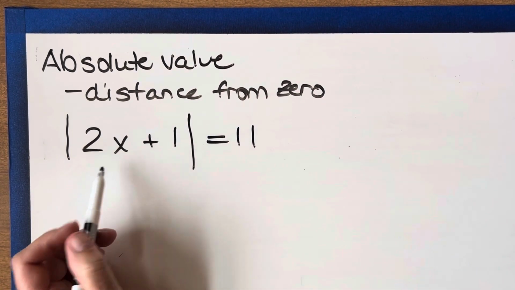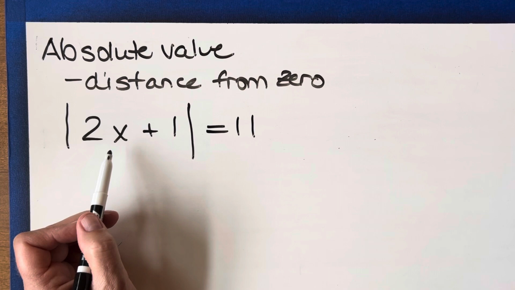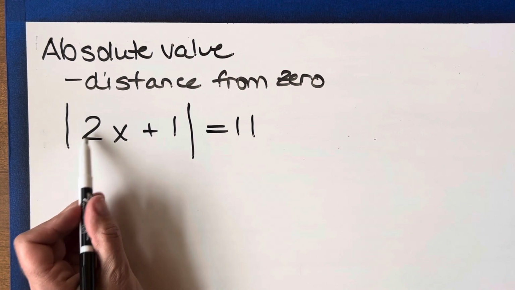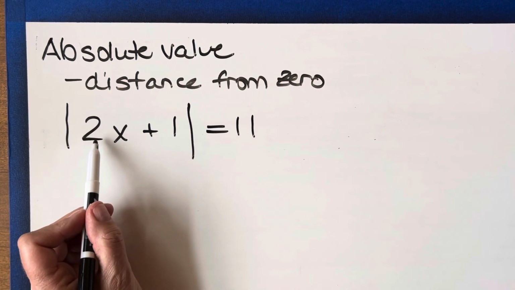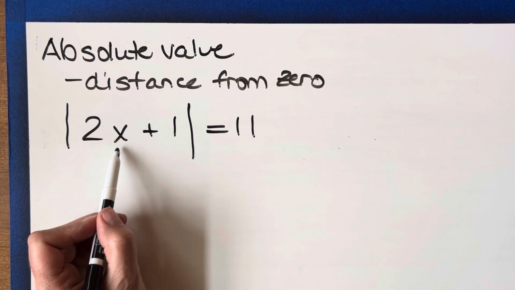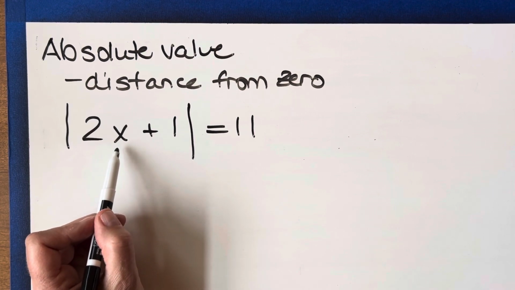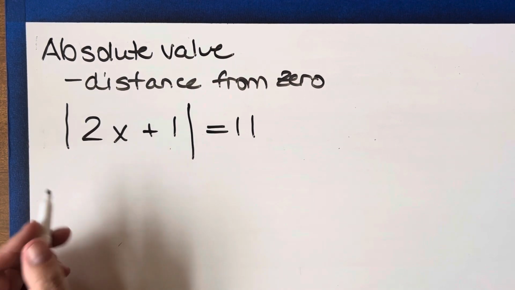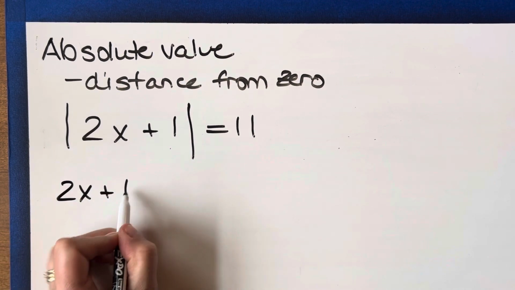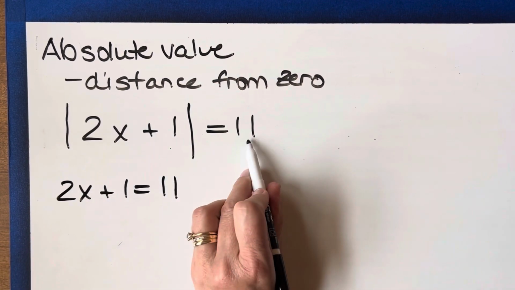Now, since the absolute value is the distance, which has to be positive, that means that anything that's in my absolute value bars, once I calculate this, it turns positive. So this value 2x plus 1, when I solve for that, it could just be positive 11.